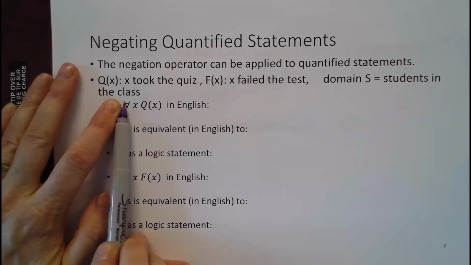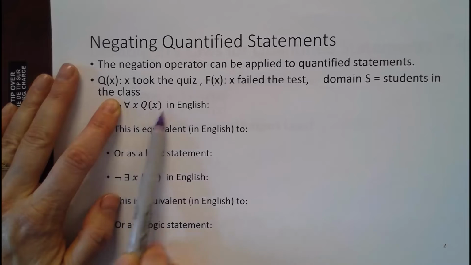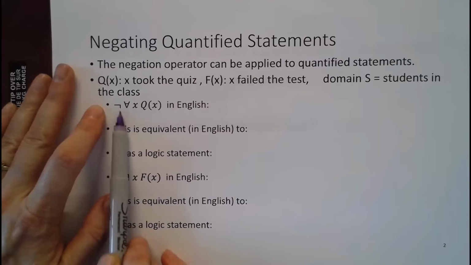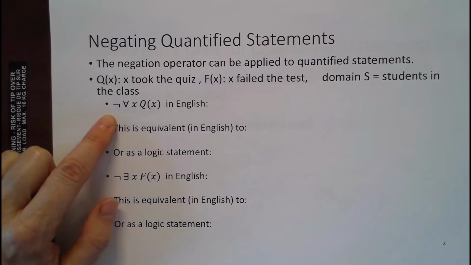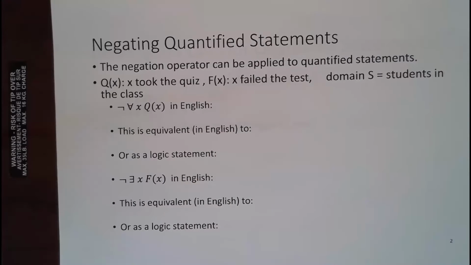Everything is quantified, that's a proposition, and after I evaluate that, the not would happen last. So it's definitely a proposition. Think about how you might state that in English. Not for all X, Q of X.